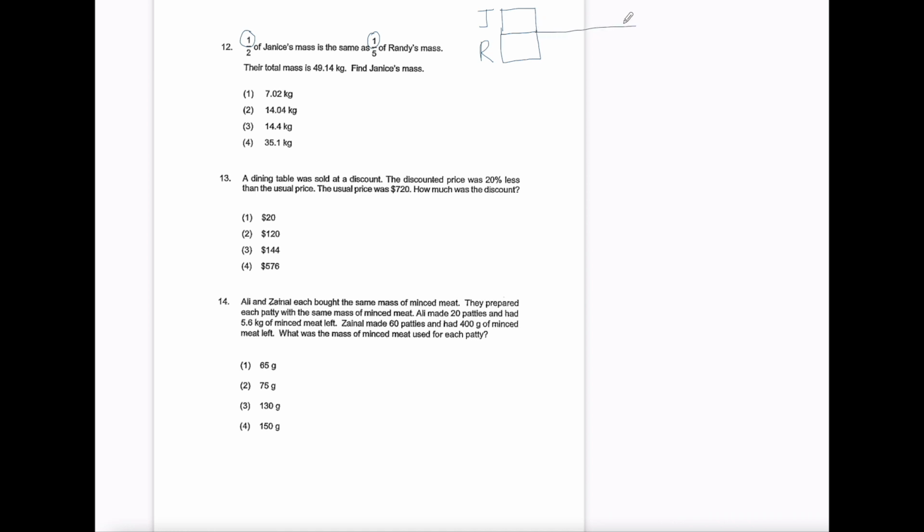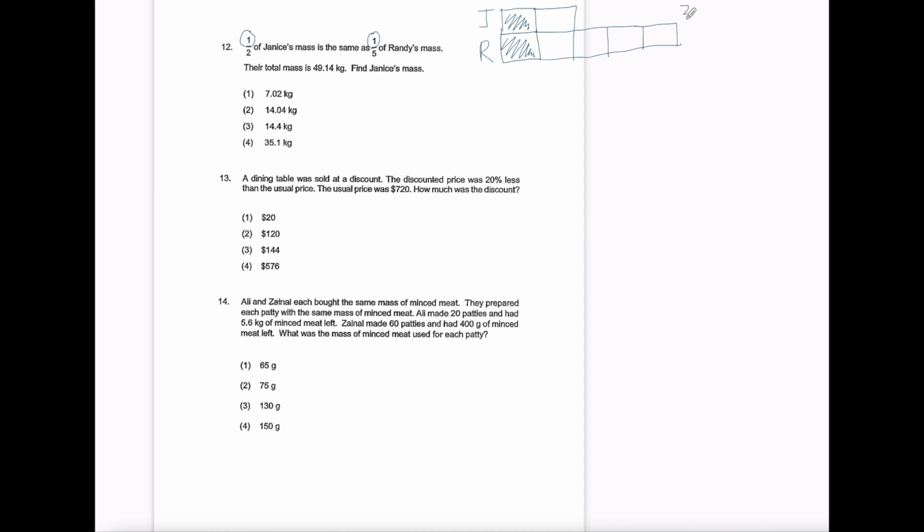Okay? So Jenny's has 2 units and Randy has 5 units. Okay? So half of Jenny's mass is the same as 1/5 of Randy's mass. So this is what the first sentence is trying to tell you.